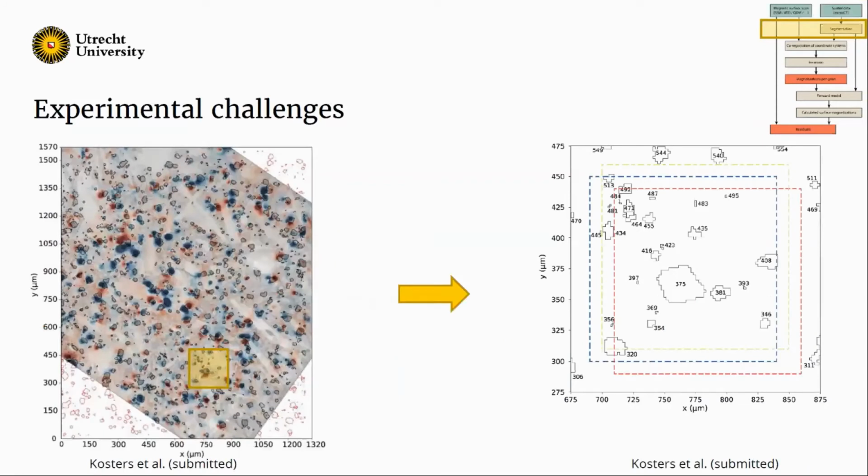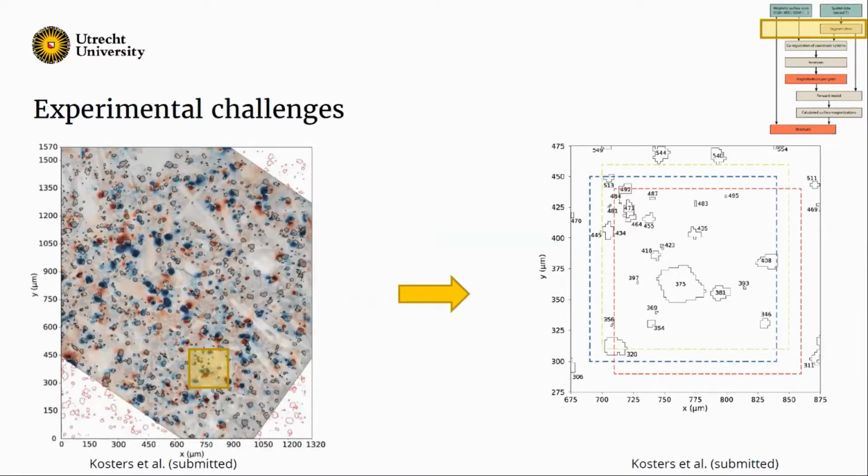Another problem that we face is the segmentation. On the left, there is an image. The red and blue is the magnetic scan, and the black and red lines indicate the actual grains. And the yellow square indicates a part that we can invert at once. So what we do is we have a lot of areas of our scan that we invert and then combine in the end.